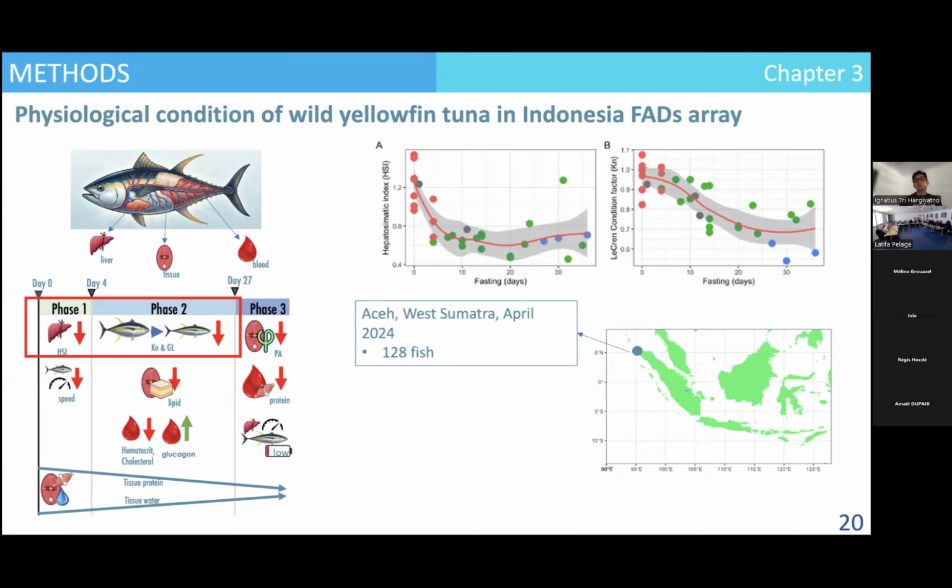I collected some data in Aceh, West Sumatra, during April 2024, around 128 fish. And then at another location, I collected data in Pancar, south of Java, in June to October 2025, around 145 fish.